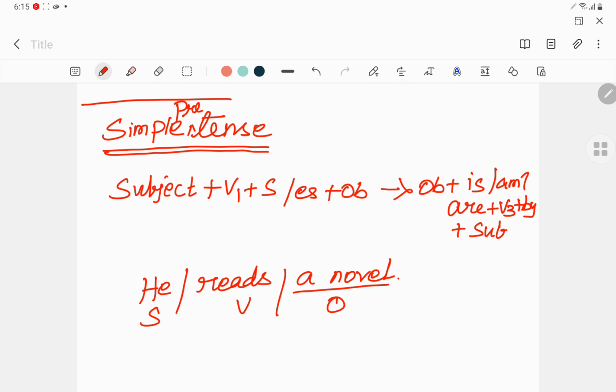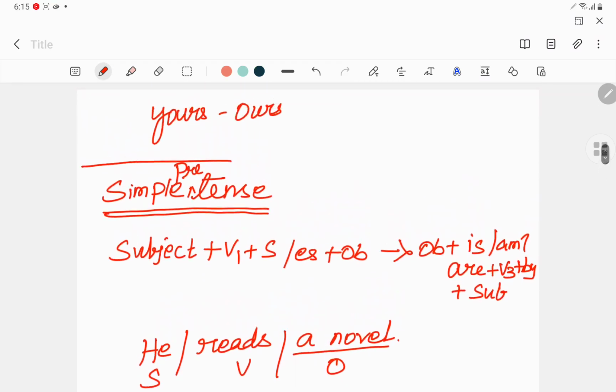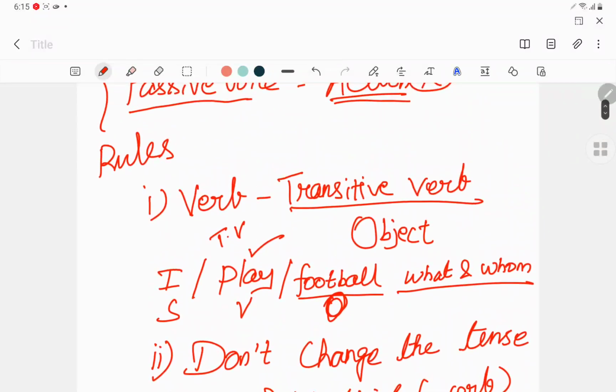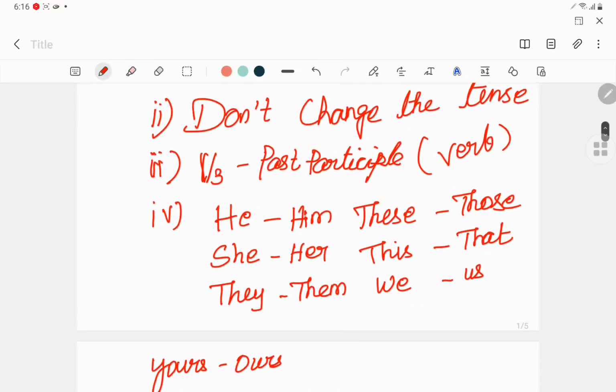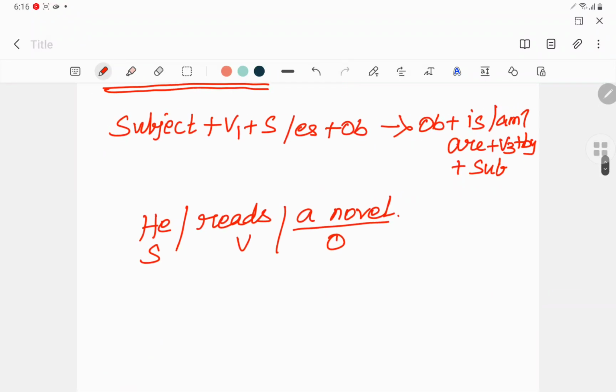So subject plus verb plus object. The first rule is that you want to change the object as the subject. The object comes here: a novel.